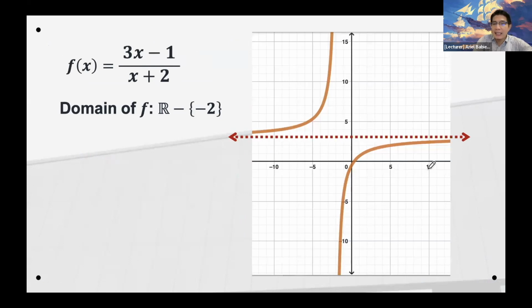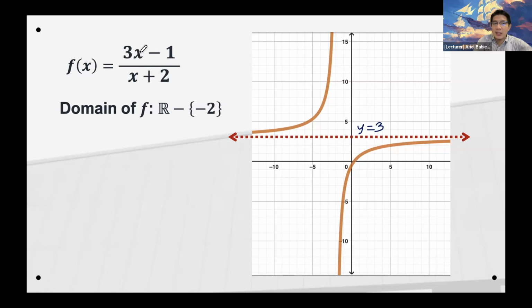Kumbaga, as x increases without bound, you are going to observe that the function values actually approaches this line. This line is y equal to 3. Tandaan nyo isang technique na tinuturo sa atin sa algebra. Ang turo sa atin sa algebra, if you have a rational function, you can immediately get the horizontal asymptote.